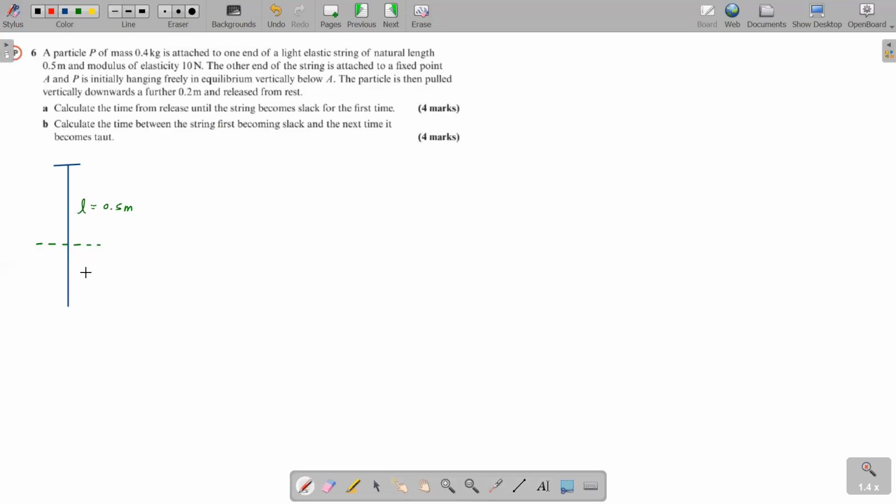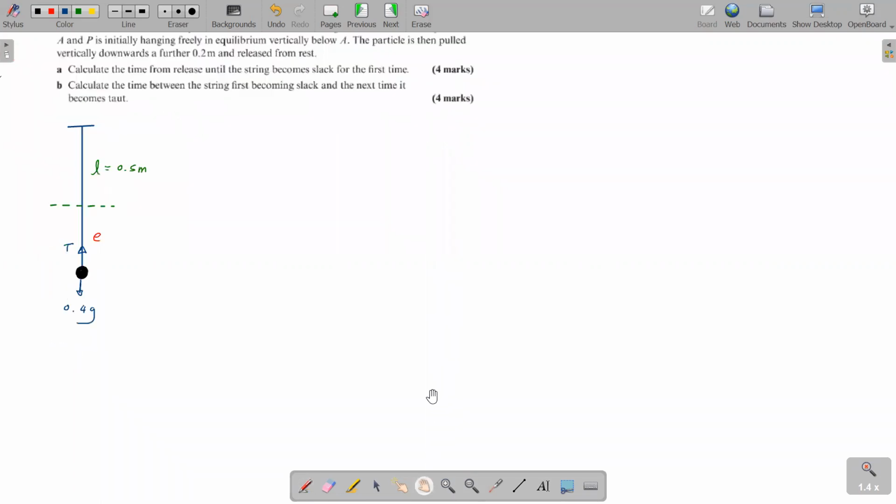And the extension is not given to us, right? So here we have the tension and here we have the weight 0.4 g.